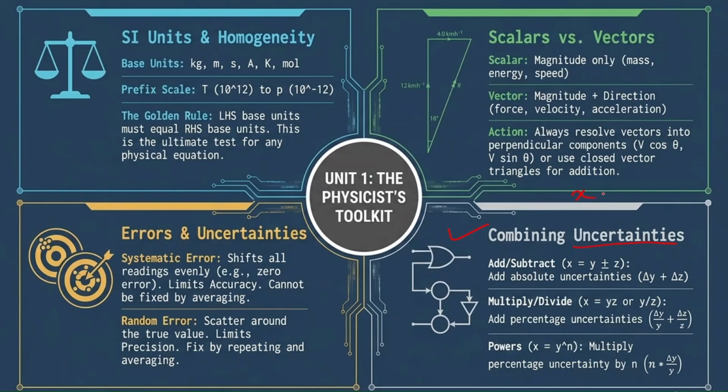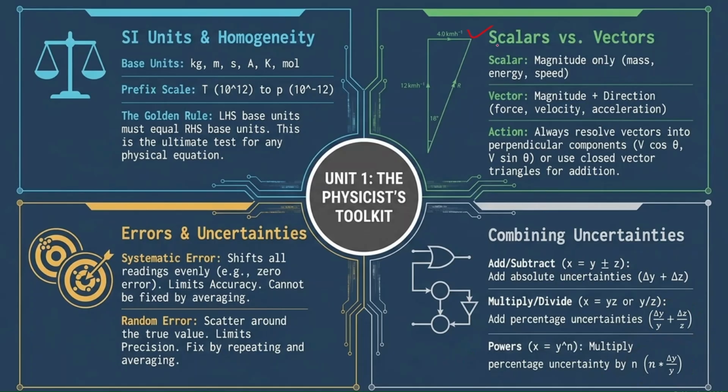If there is a formula like x plus y, z, and there is error in y and z, then we have to add them in x also. Now, if there is a multiplication, it will be like this, or division also. And if your formula contains some power, the uncertainty will be like this.